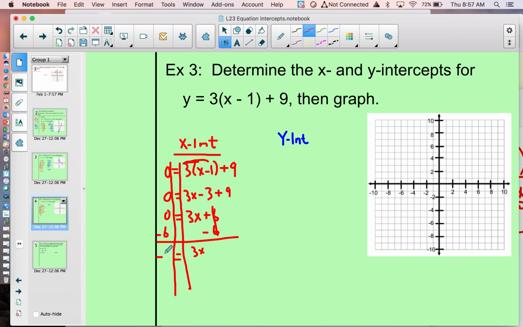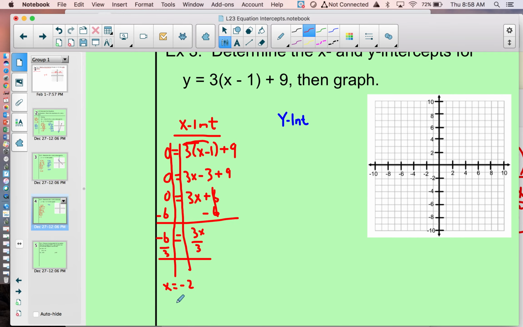Keep our equal sign. And then the last thing we just got to do is divide by 3. And when we do that, we get x equals -2. But that's not our point. That's our x value, but it's not our point. Our point is -2, comma 0.